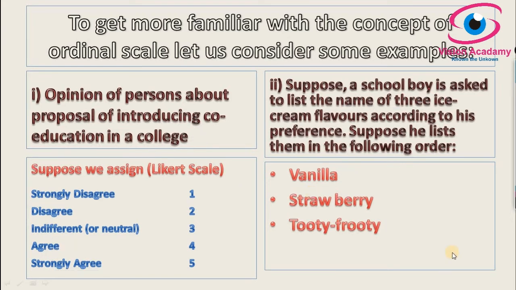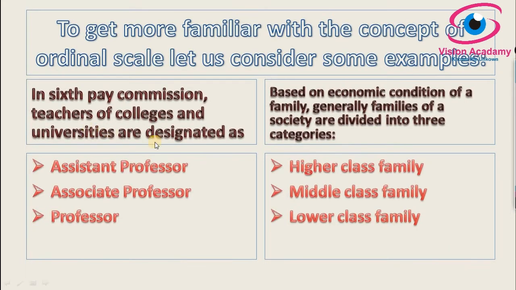To continue with some other examples for the ordinal scale, in the 6th Pay Commission, teachers of colleges and universities are designated as assistant professor, associate professor and professor. Here the rank of professor is higher than associate professor, and associate professor is higher than assistant professor.